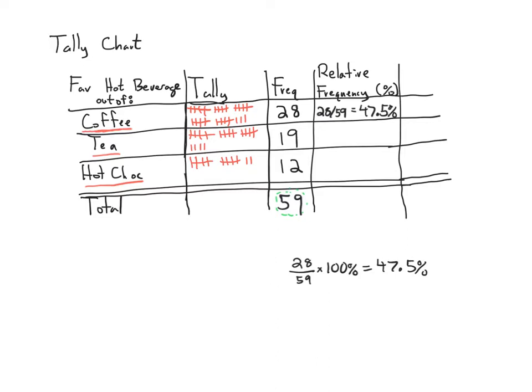For T, it's going to be 19 over 59 converted to a percent, which is going to be 32.2%. Again, just doing the equivalent calculation like down here. And finally, 12 over 59 is 20.3%.